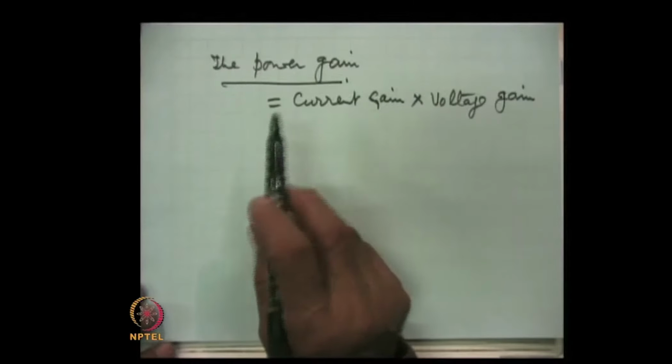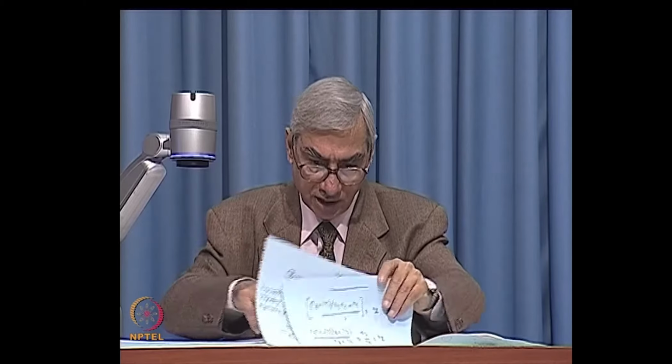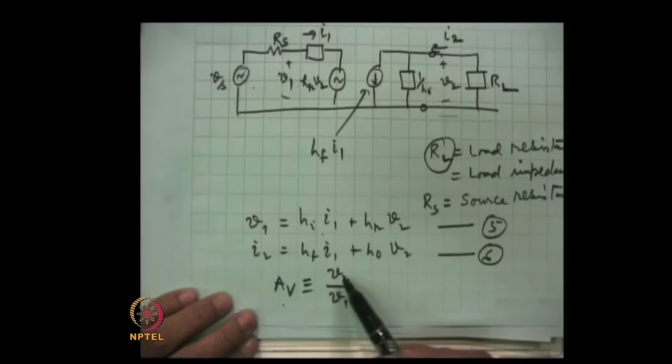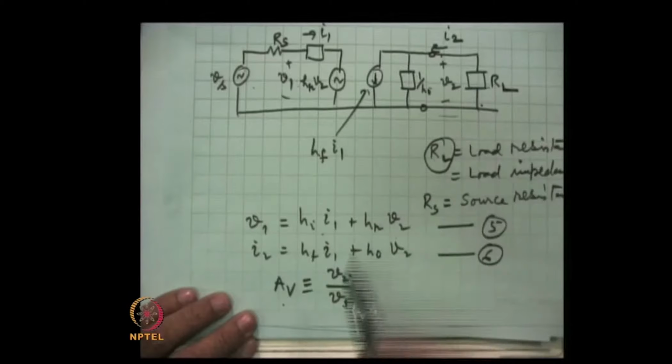Now, the voltage gain which we observed was without taking into account the source, because you see, what we have derived for voltage gain, we took the ratio V 2 by V 1. What was V 2? The voltage across the load. What is V 1?